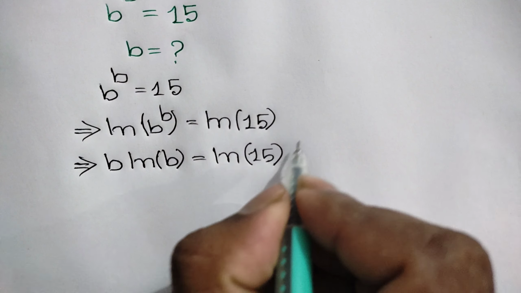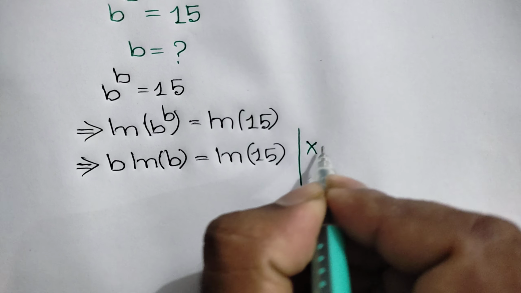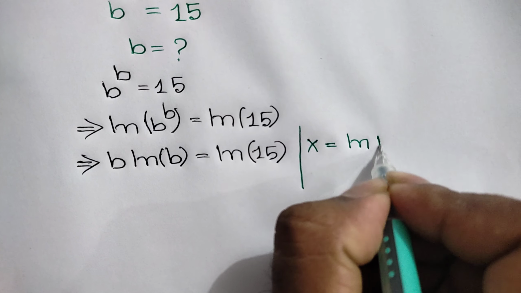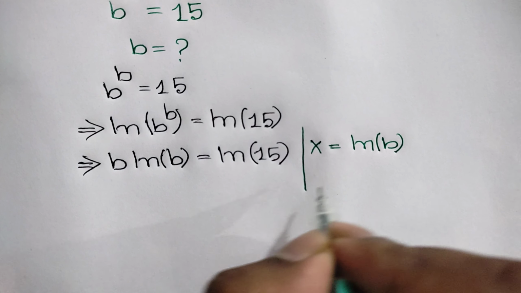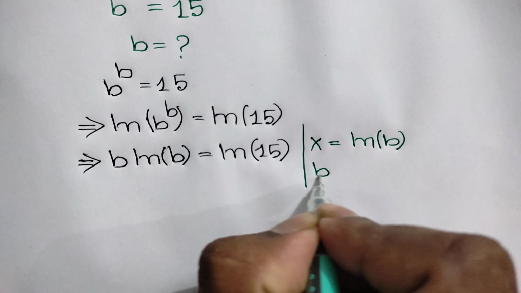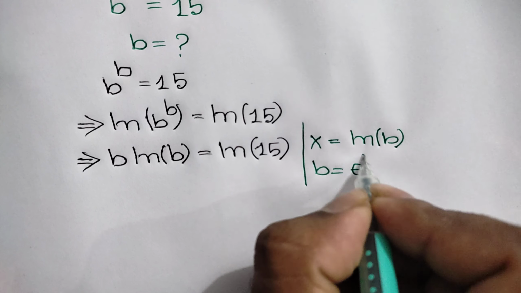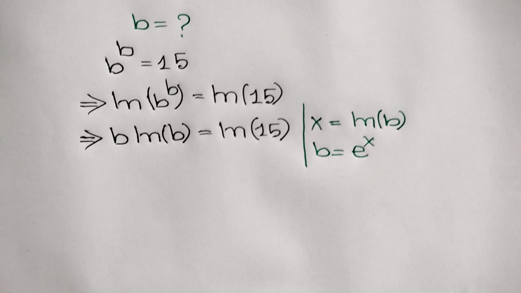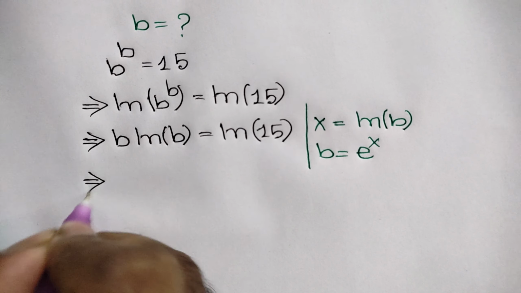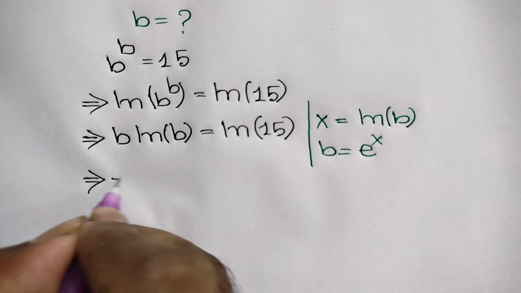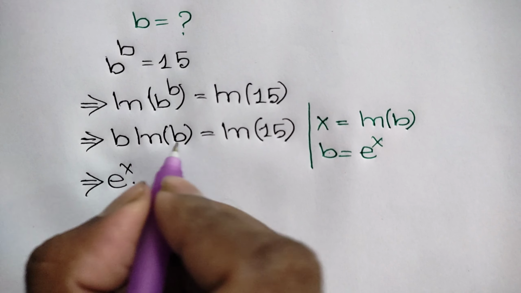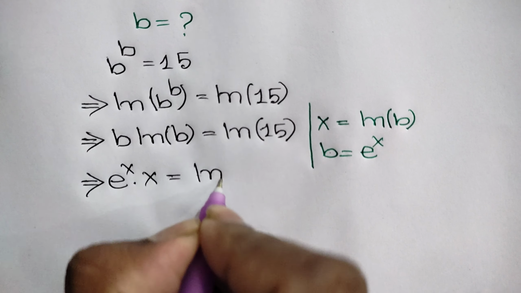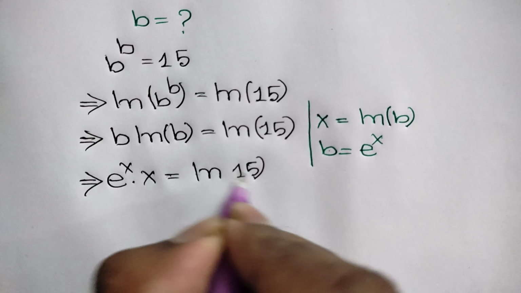Now let x is equal to ln of b, so the value of b is equal to e to the power x. So we can write b, that means e to the power x times ln of b, is equal to x is equal to ln of 15.